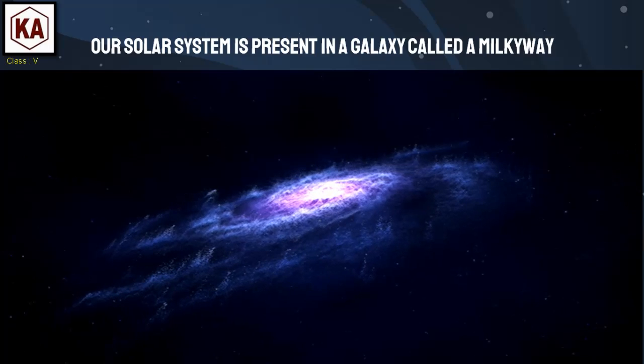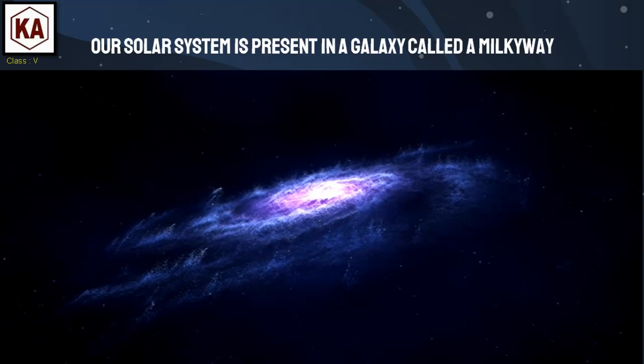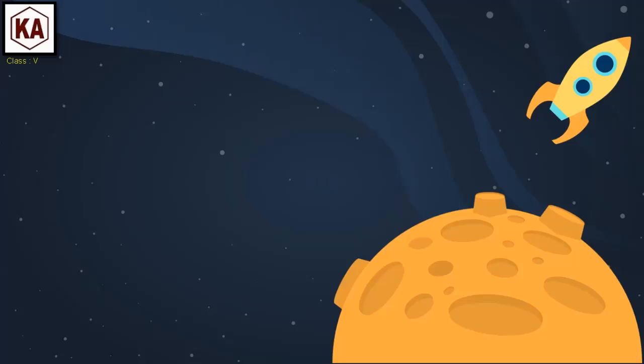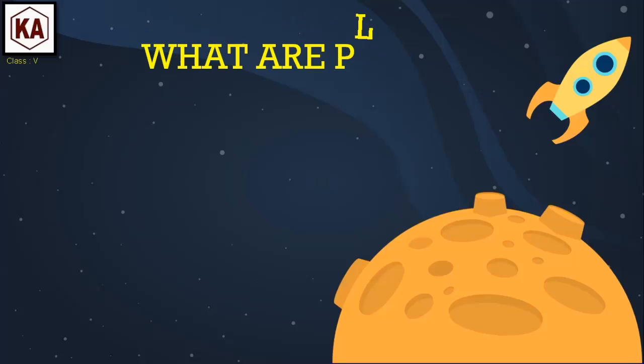And some of them are yet to be discovered. So I have already told you that we have 8 planets now. But the question arises, what actually are these planets?